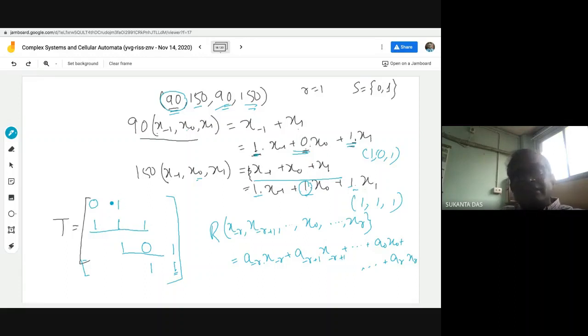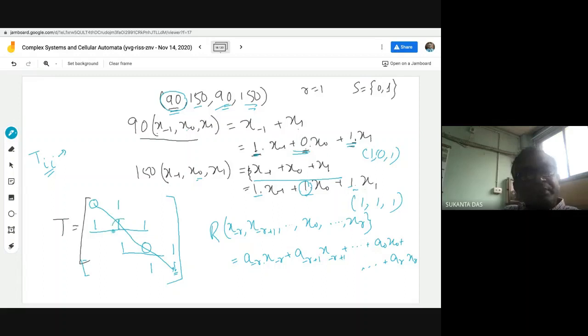Now one means I can interpret it in this way, that a cell depends on that cell. So this is my interpretation. I am saying T I I denotes whether cell I depends on itself.